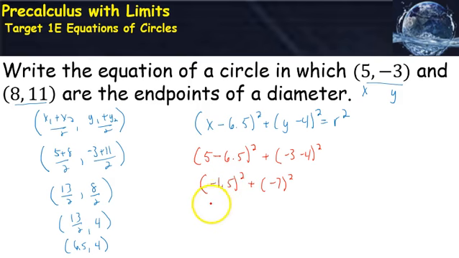Now you have to square -1.5, and I happen to know that that is 2.25. So 2.25 plus -7 squared, which is 49, and all this equals r squared. So 49 plus 2.25 is 51.25.